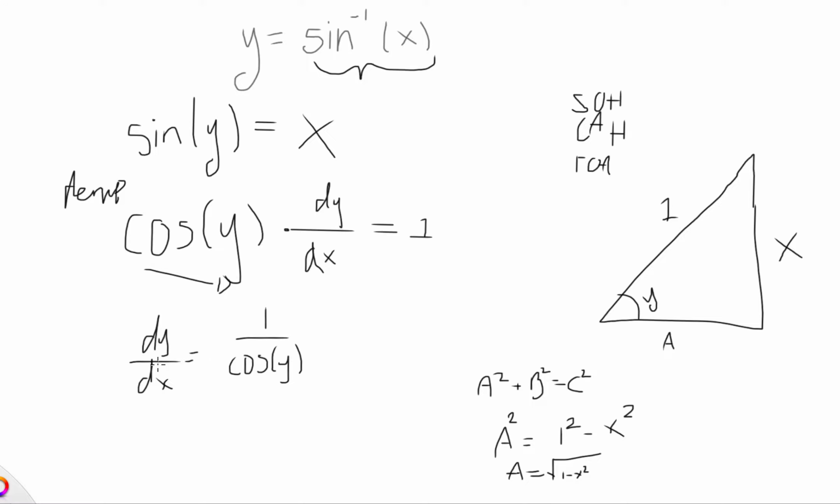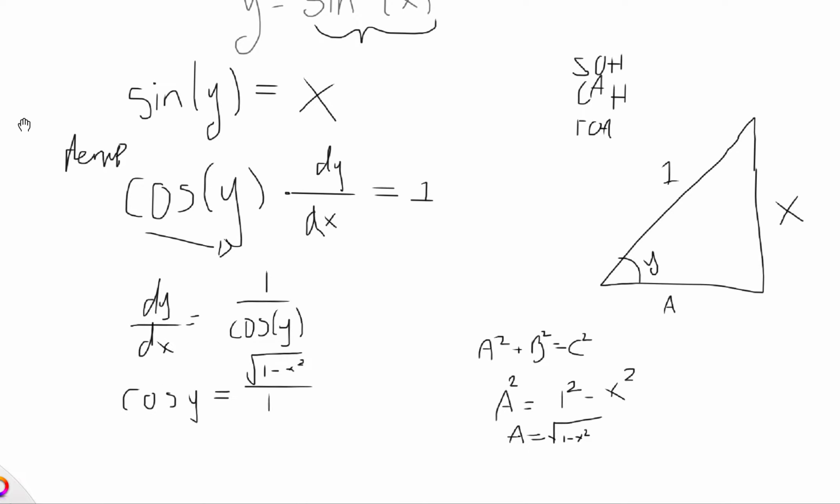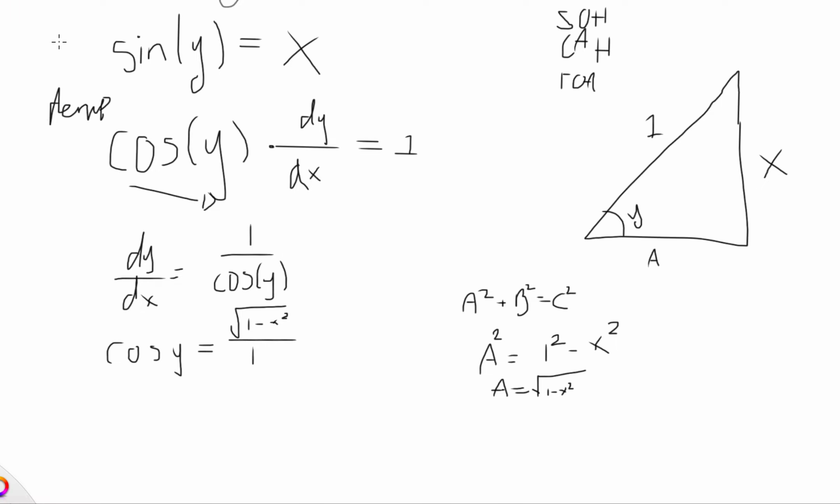So cosine of y thus equals adjacent over hypotenuse. Our adjacent is the square root of 1 minus x squared, and our hypotenuse is 1, so it's just that. Okay, so now we're finally ready to finish up the problem. Cosine of y equals that.